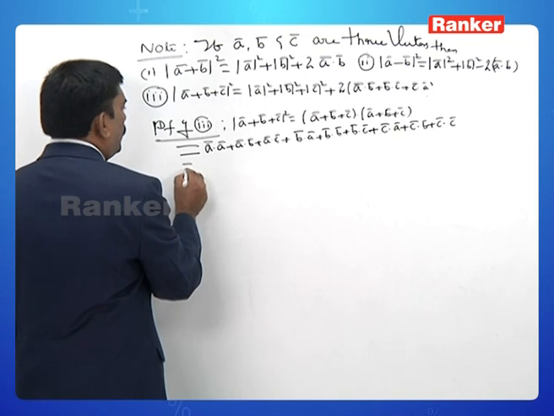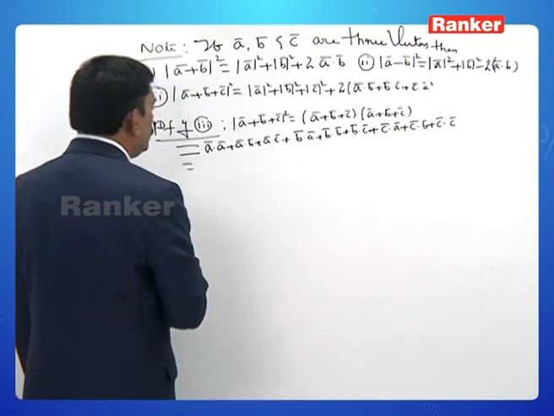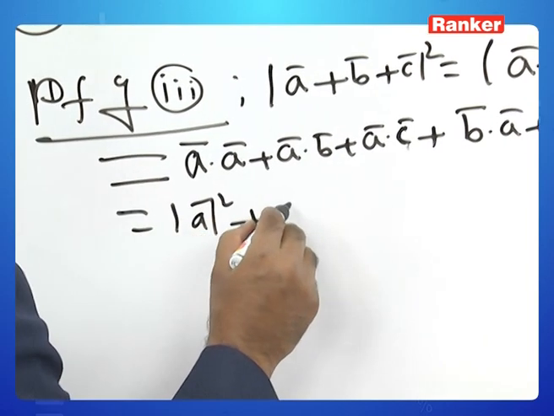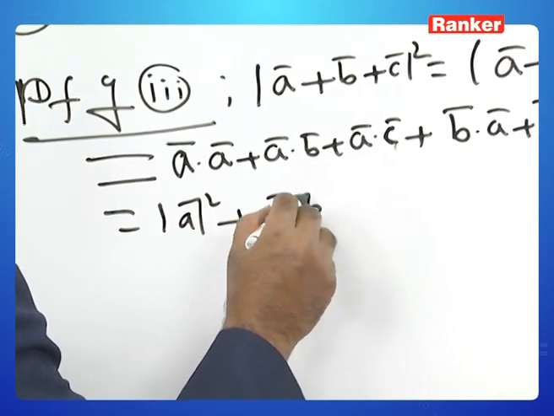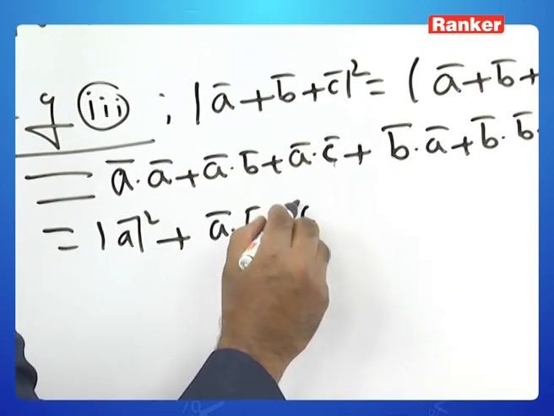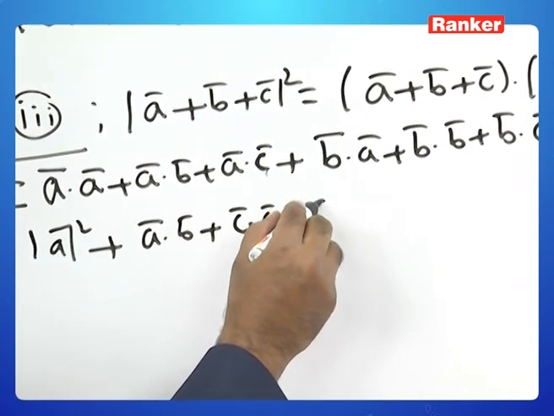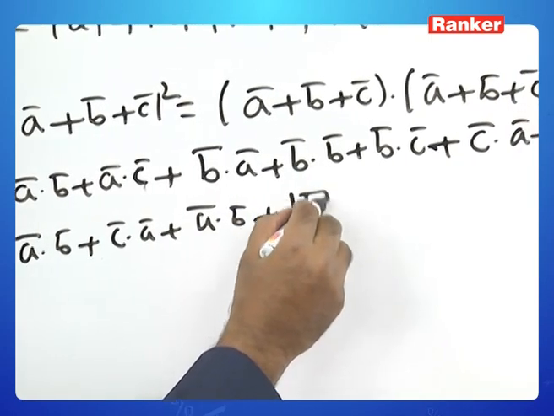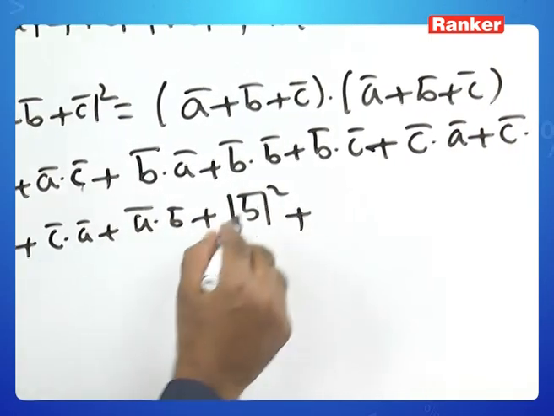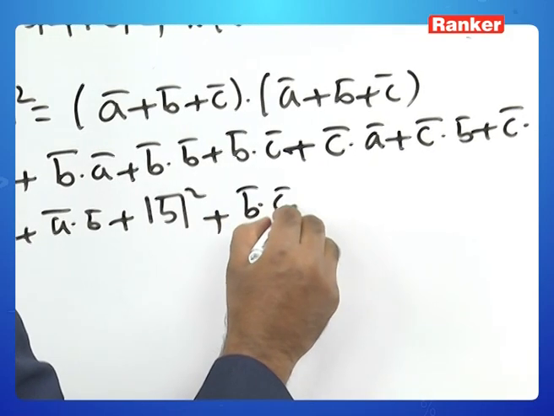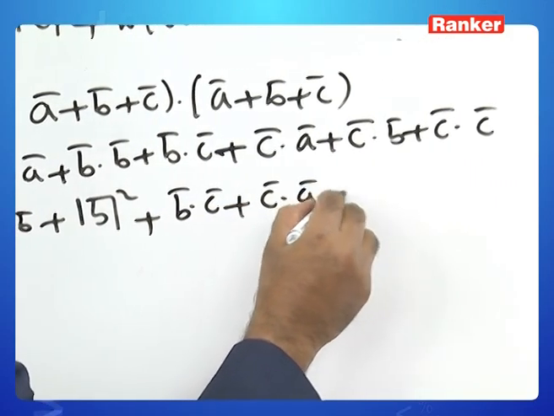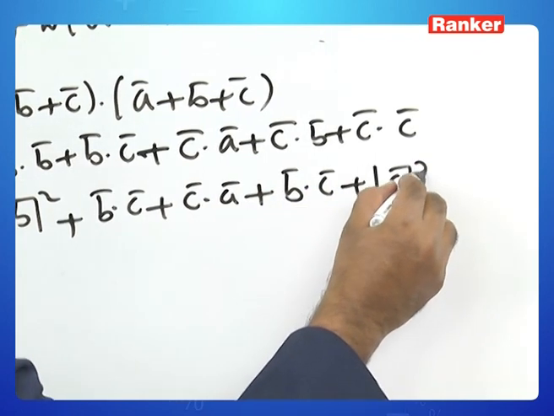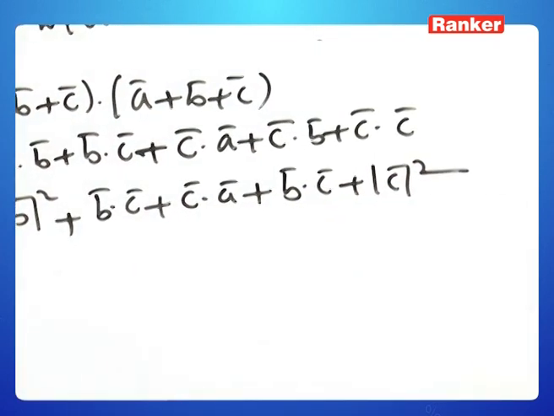Now I can write A dot A as mod A whole square. A dot B, and A dot C is the same as C dot A, B dot A is the same as A dot B, this is mod B whole square. B dot C, C dot B is the same as B dot C, and mod C whole square.